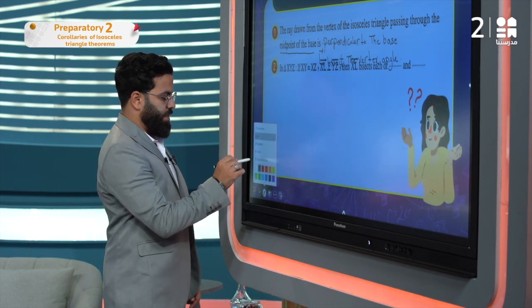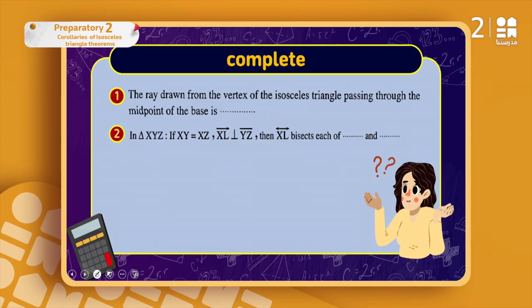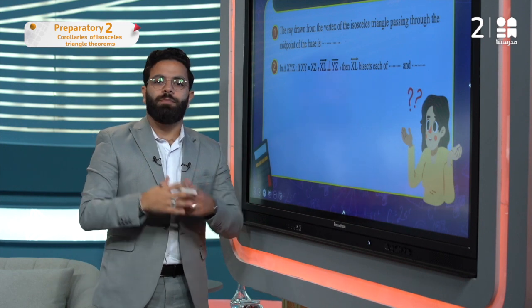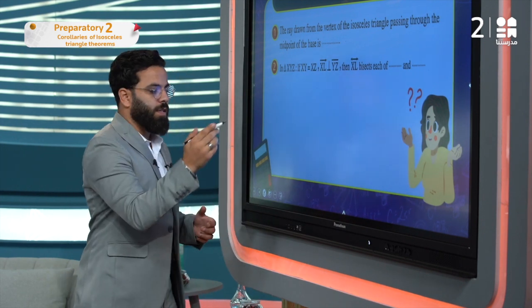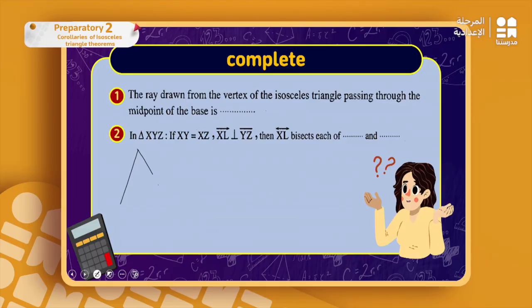Okay, let's erase the ink. Agreed, guys? It says in triangle XYZ, XY equals XZ, and XL is drawn perpendicular to YZ, then XL bisects each of angle A and angle A. If you can't imagine it, draw it on the side for yourself in a simple way.